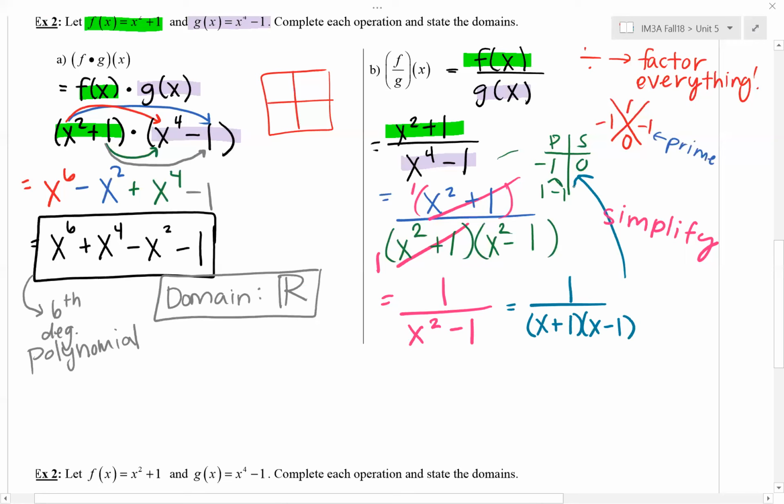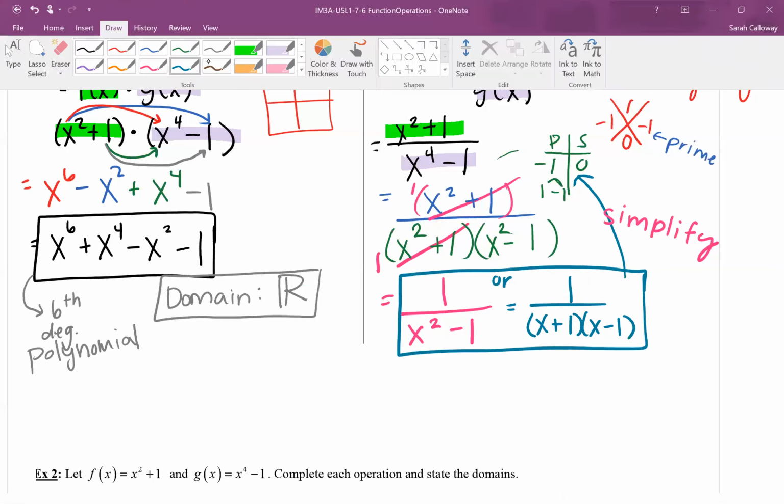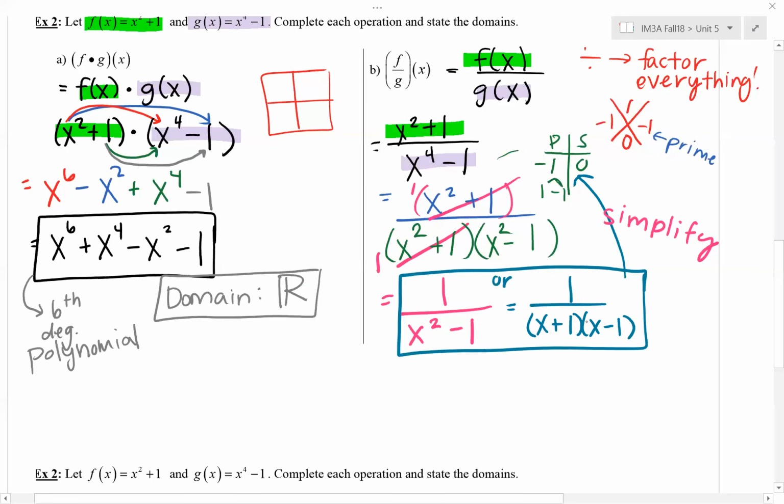Notice that the only difference is, instead of x squareds, we have x's. And so this doesn't necessarily help us in terms of being able to simplify or get our answer. So really either one of these would be appropriate answers. However, the second one helps us find our domain, okay?